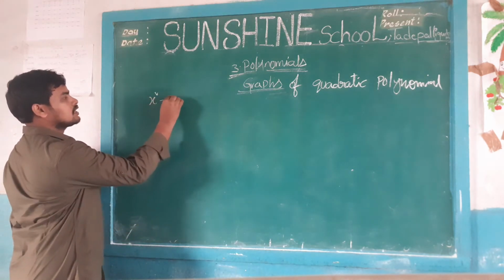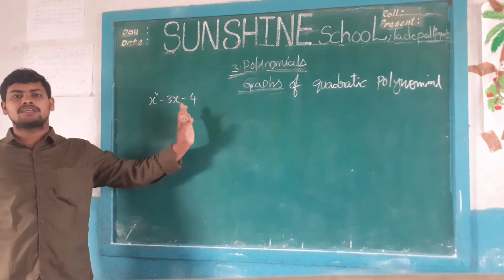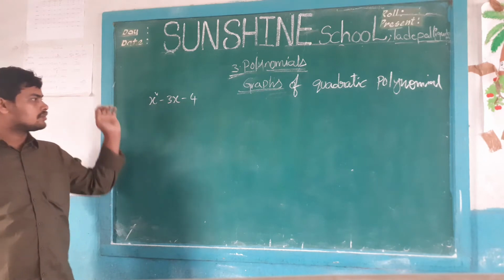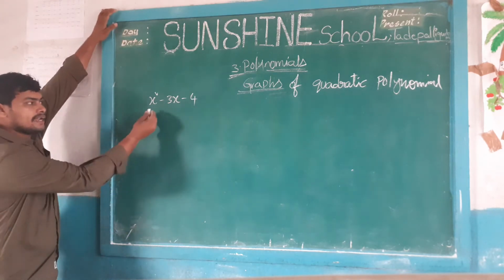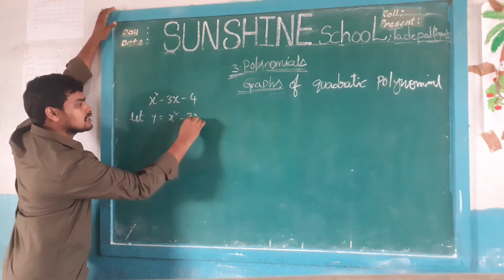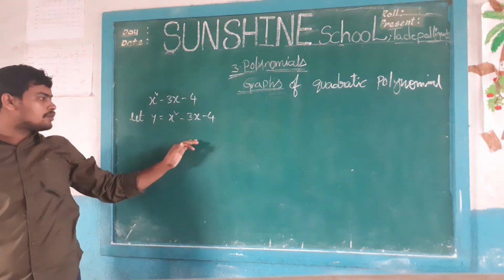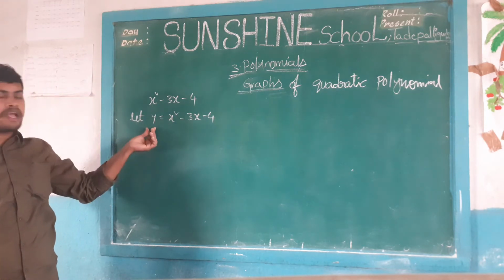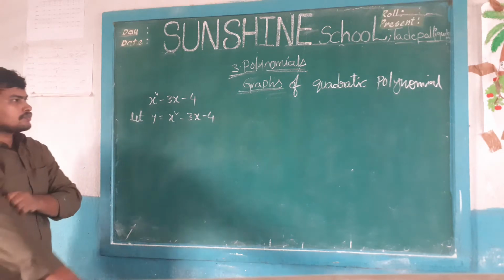Let us take x square minus 3x minus 4. It is a quadratic polynomial in terms of x. Let y equal to x square minus 3x minus 4. Whenever we substitute the values of x, we get the value of y.